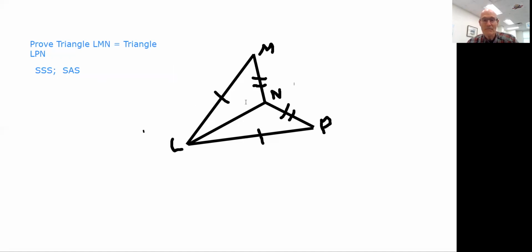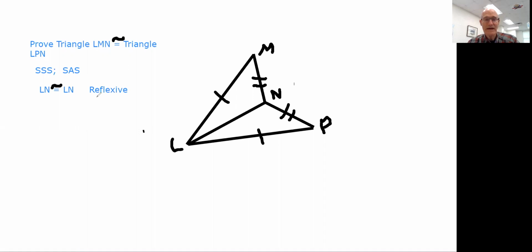I'm given the other two sides, so I can make a statement that LN is congruent to LN, and the reason is reflexive. Then I put the congruency symbols up above each pair.